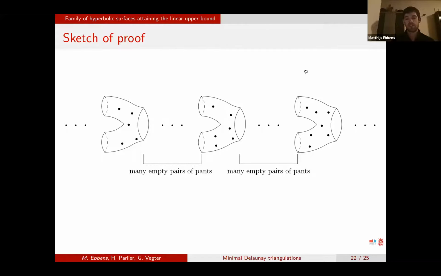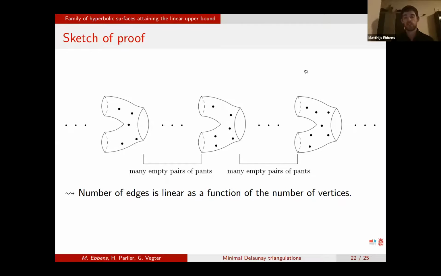And again, there are some technicalities here, but using that there are a lot of edges that just cannot be included, you can show that the number of edges is linear as a function of the number of vertices. And as I mentioned, by Euler, that means that the number of vertices is at least linear.